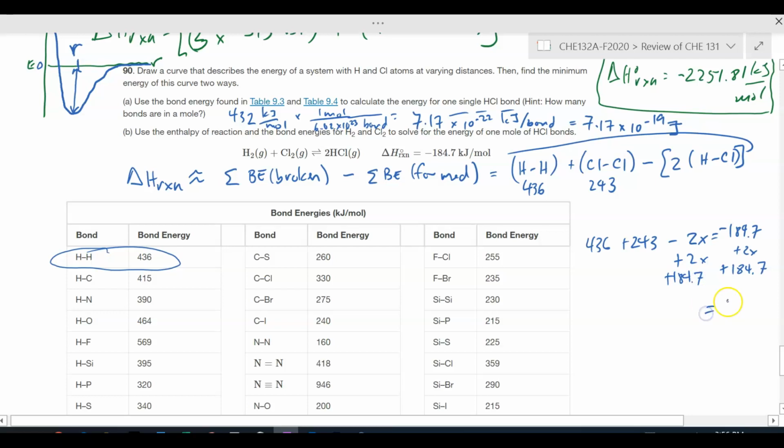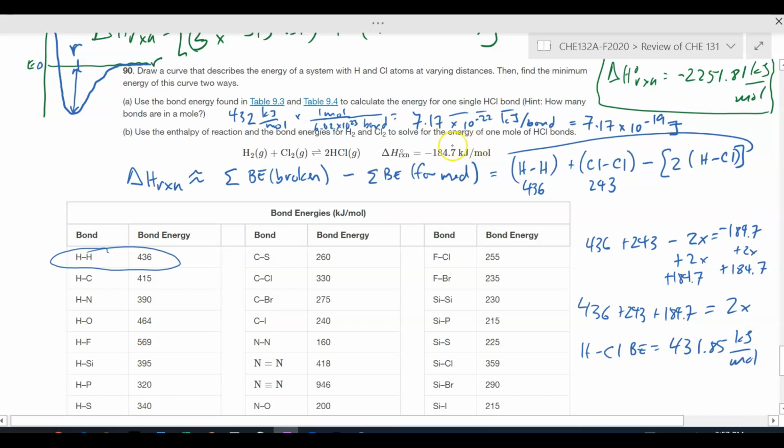I'll wind up with 2X over here and 436 plus 243 plus 184.7 over there. So my hydrogen-chlorine bond energy is going to be equal to 436 plus 243 plus 184.7, and then dividing that by 2, 431.85 kilojoules per mole.